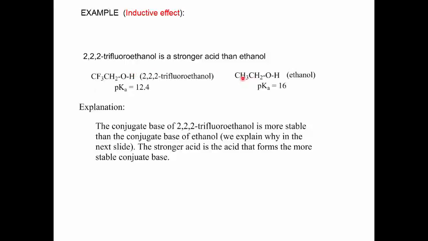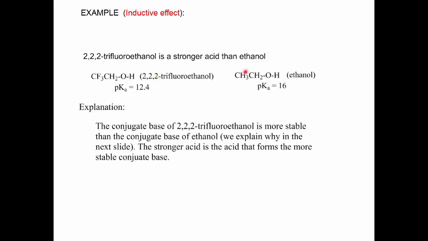In ethanol, there's 3 hydrogens. So the substituent change we're making, you could think of starting with the ethanol molecule, and what we do is replace each of the hydrogens of the methyl group by fluorines. So our starting acid is the ethanol. We make our substituent change and end up with the fluorinated ethanol.